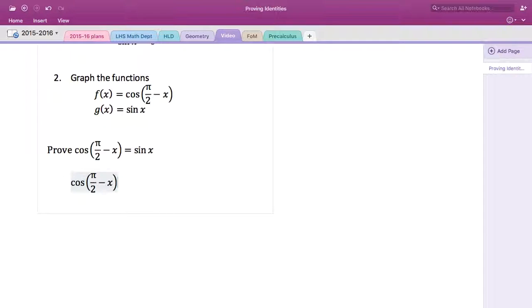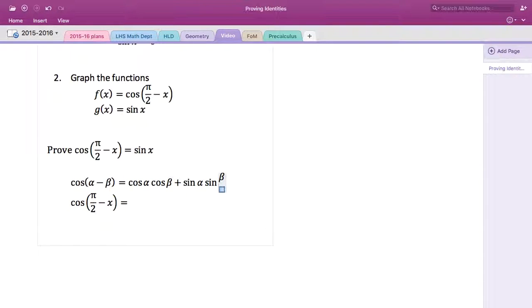For this, we can use the angle difference formula, if you remember: cosine of alpha minus beta equals cosine of alpha cosine of beta plus sine of alpha times sine of beta.